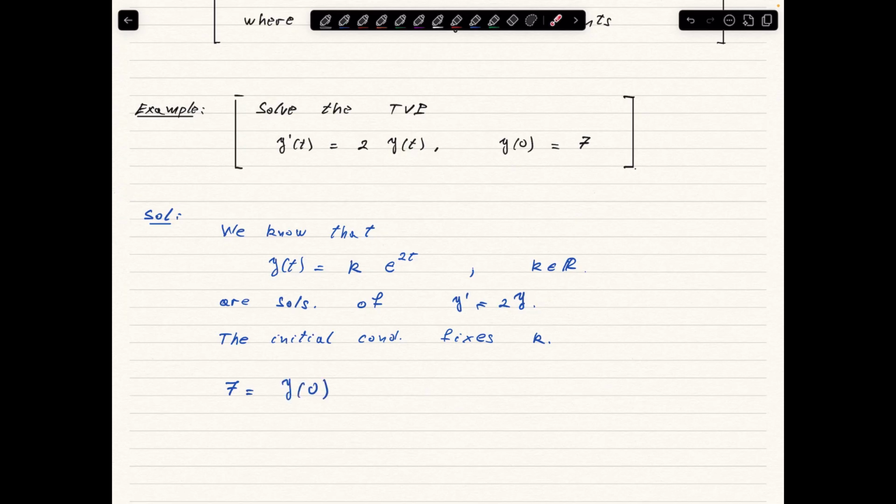But we have solutions for all values of t which are proportional to the exponential of t. So the only thing we need to do is put 0 in here. The exponential of 0 is 1. So from here we get the value of the constant k. The constant k is actually 7.